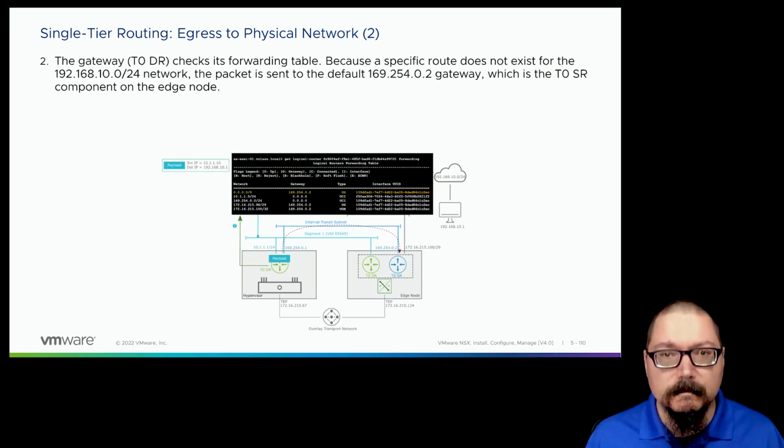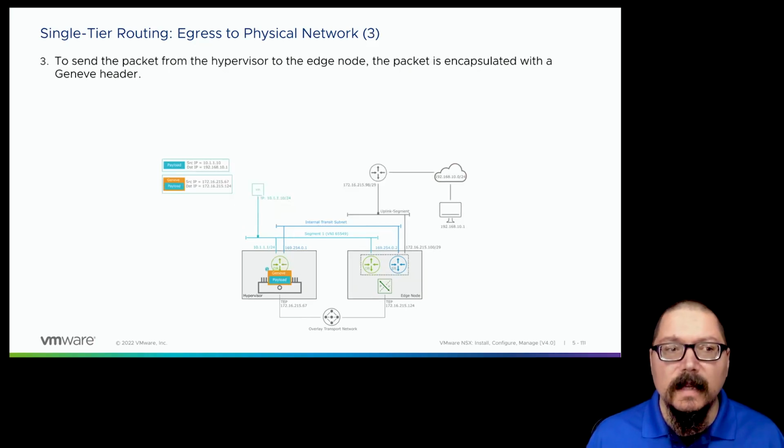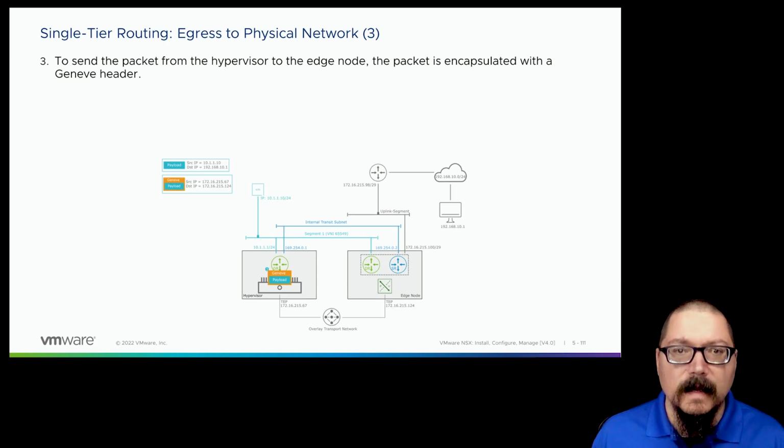Now, what happens here? Well, we have to go through a logical switching packet walk, because we're moving a frame across a logical switch from one transport node to another.